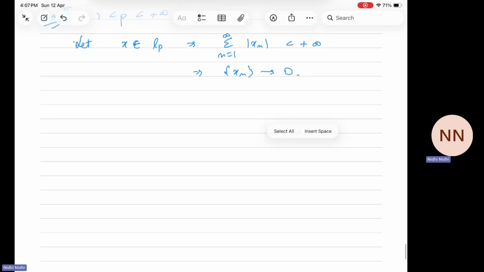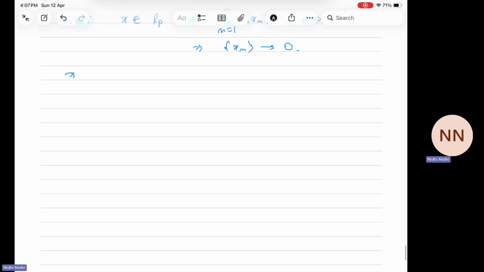Now, since this converges to 0, corresponding to epsilon equals 1, obviously for every epsilon we can find a stage. So taking epsilon specifically to be equal to 1, there exists a stage n naught in N such that mod xn minus 0 is less than 1 for all n greater than or equal to n naught.